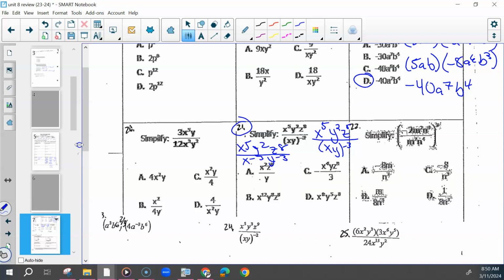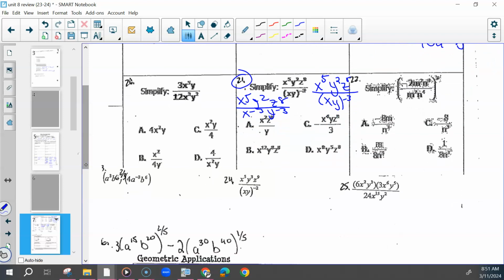And then you can either subtract as is or flip the x and y up and deal with it that way. It doesn't matter. If I'm just subtracting, 5 minus negative 3 would be x to the 8th. 2 minus negative 3 would be y to the 5th. And z doesn't have a like base. So d.